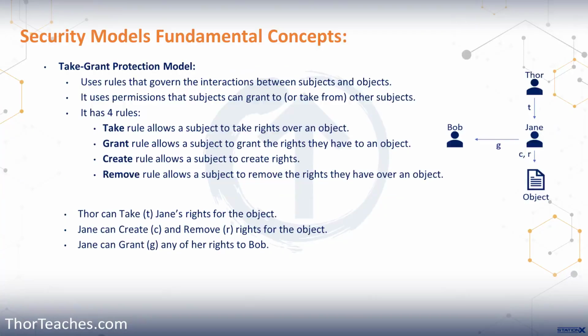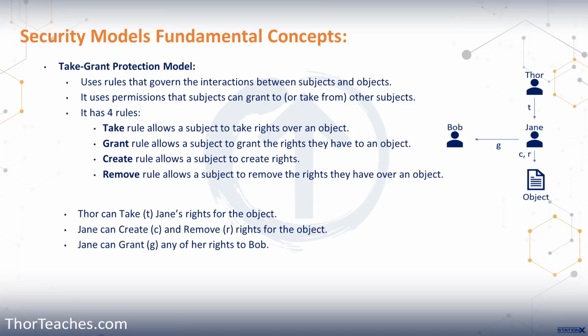And then now let's look at the take-grant protection model. The take-grant model uses rules that govern interactions between objects and subjects. And as the name indicates, you can take or grant permissions from other subjects. It has 4 rules. If we look at the graphics over here on the right, Thor can take Jane's rights to an object.